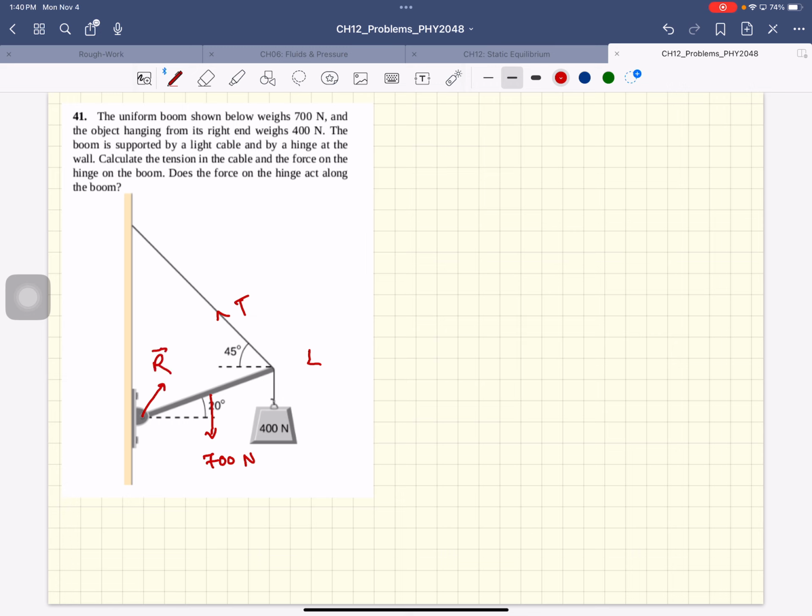So here is the boom, an extended object, and there are 4 forces acting on the boom: the tension in the cable, the reaction force, the weight of the boom, the force of gravity, and this force. Since the boom is at rest, what are the 2 equations that need to be satisfied? Sum of the forces should add up to 0. Sum of the torques should add up to 0. So we'll apply those 2 equations.